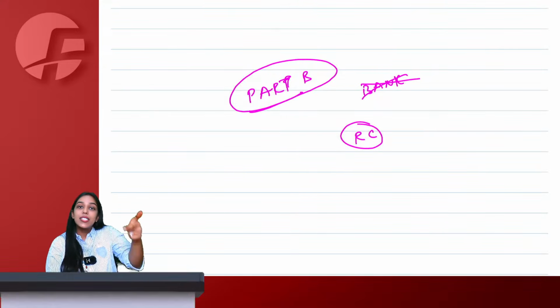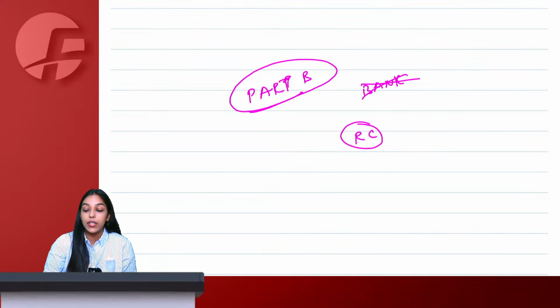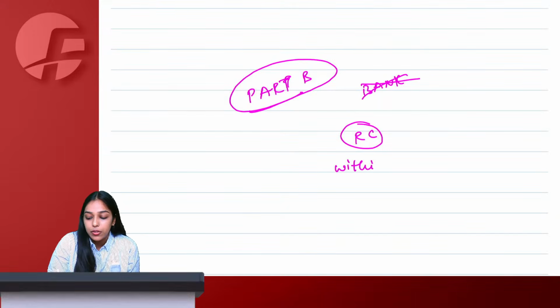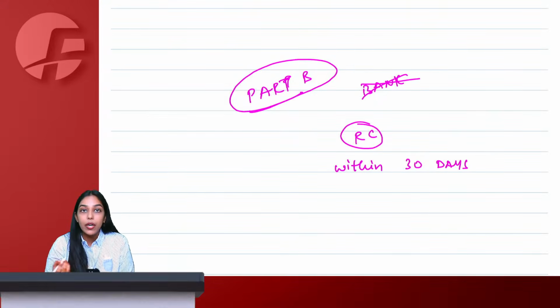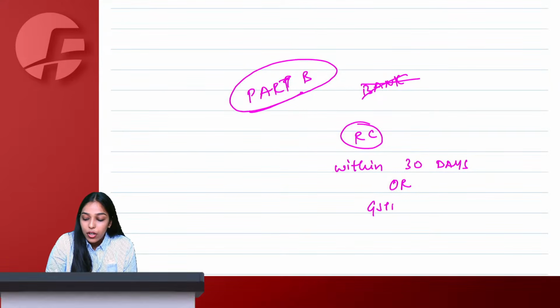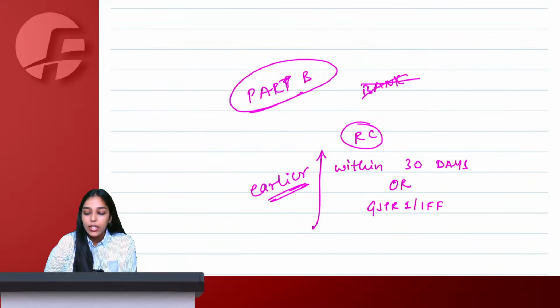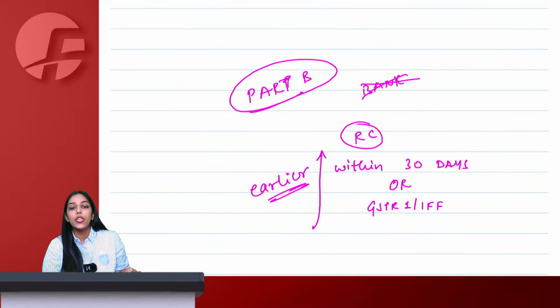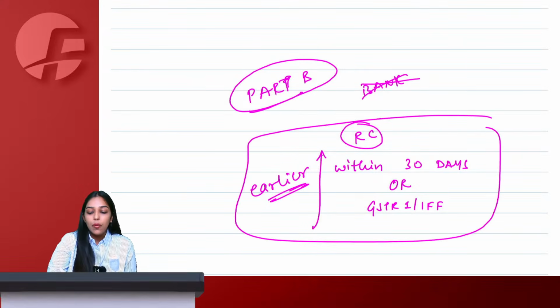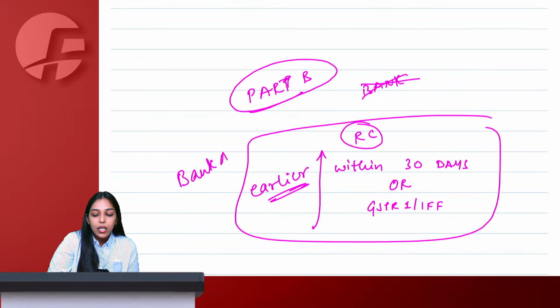within 30 days from the day you receive your registration certificate, or the day when you are actually filing your GSTR-1 or invoice furnishing facility, whichever is earlier, you will have to give your bank account details.